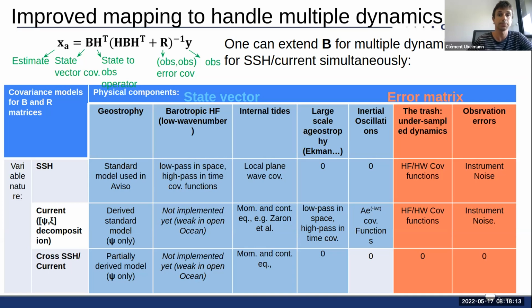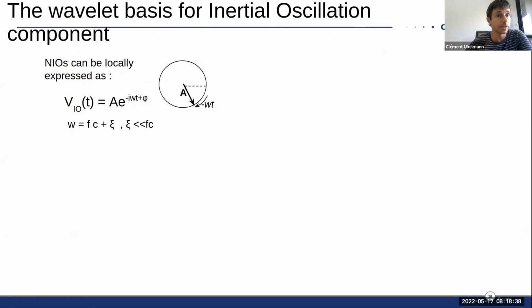So we can exploit that by defining an appropriate covariance. The plan is to do that for hopefully all the different surface current components, and also internal tides, by the way, but I will not detail that today, how we constructed this covariance function.